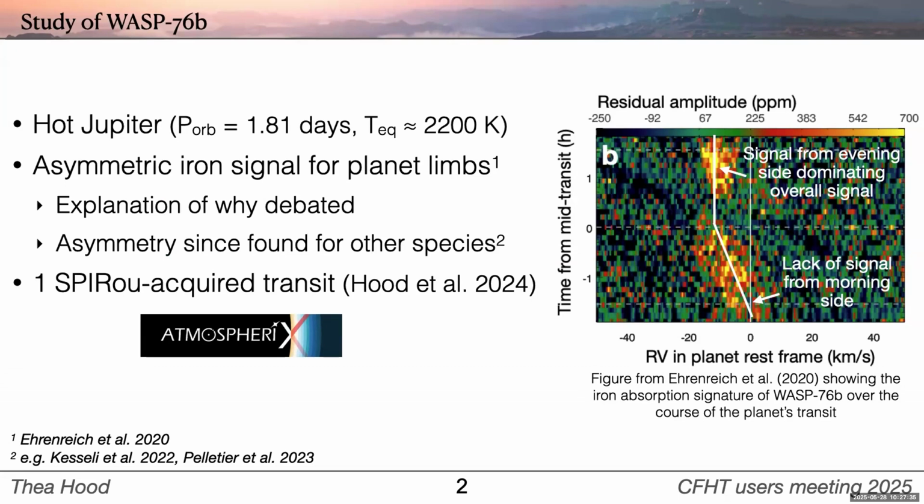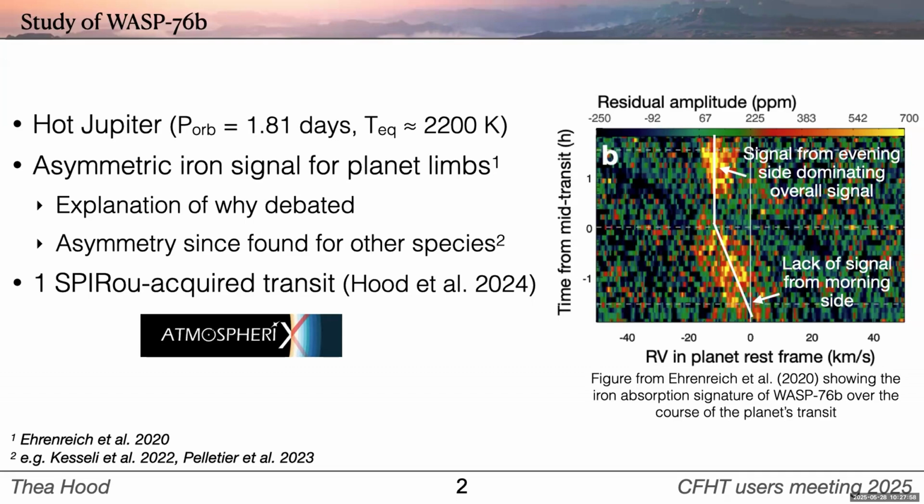Another reason for looking at this exoplanet was that an asymmetry was detected in its iron composition, with iron detected on its evening side but not on its morning side, leading to this signal that we can see in this figure over the course of its transit.